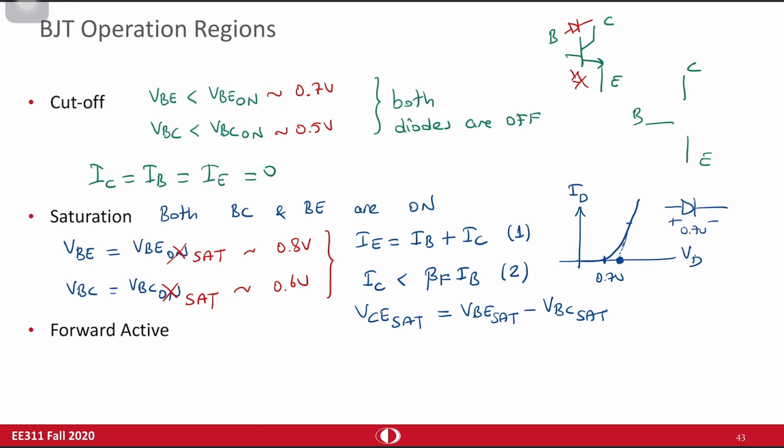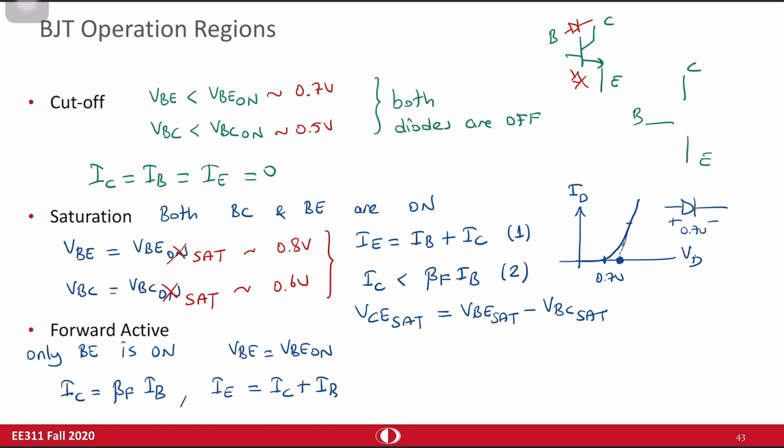For the forward active case, only the base-emitter junction is on, VBE is equal to VBE on, IC is equal to beta F times I base, IE is equal to, of course, IC plus I base. KCL should always be verified, which gives beta F plus 1 times I base.